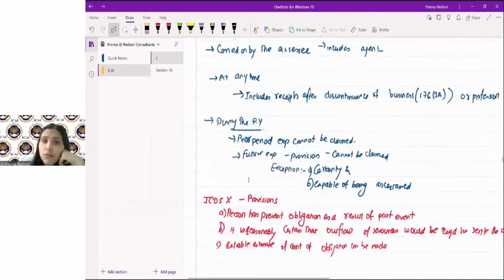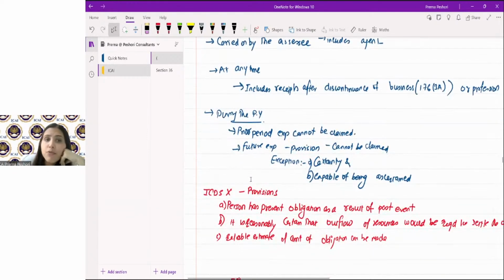So I had told you that there are exceptions to this rule: during the previous year, prior period cannot be claimed, future expenses cannot be claimed, and also the exception to it, this is section 43B, where the deductions are not claimed in the year of incurrence, but in the year when the payment is made. So 43B is the exception, isn't it? We had done this already, right?